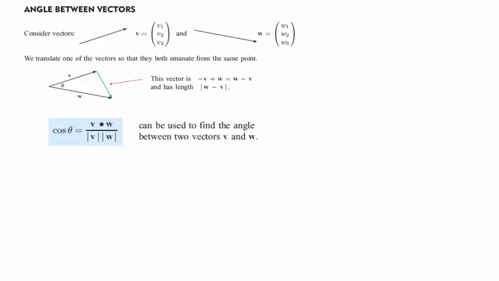Now we're also going to use the dot product to find the angle between two vectors. So it says here, consider the vector v with components v1, v2, v3, and then another vector w.